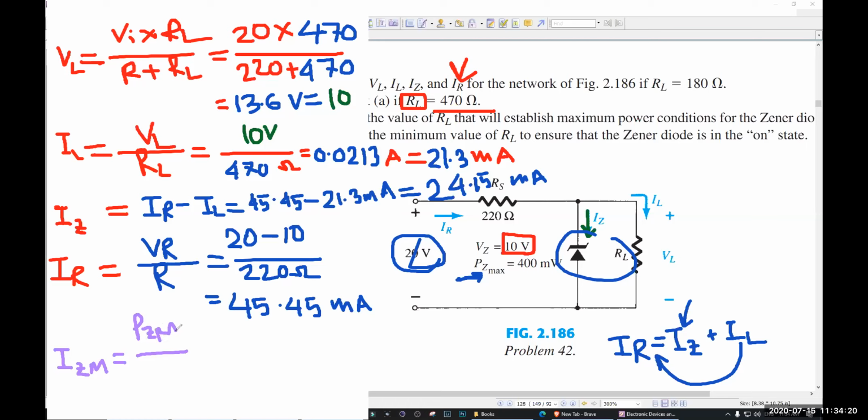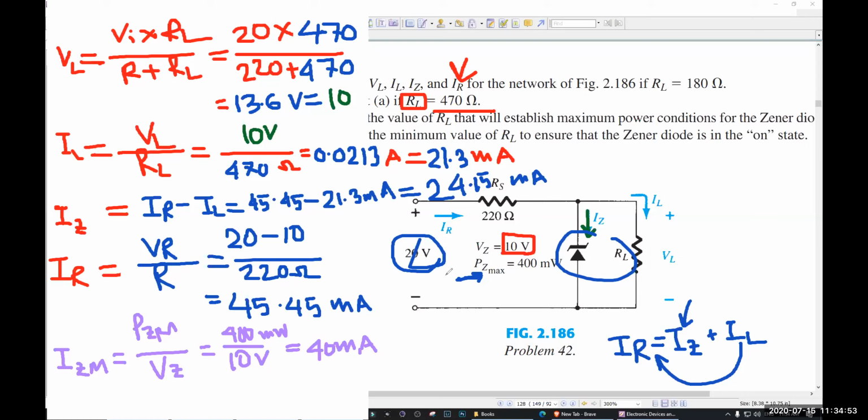Sometimes it is given as maximum current, sometimes it is given as maximum power. Here maximum power is given, so maximum current will be PZM divided by VZ. 400 milliwatt divided by 10 volt, so 40 milliampere.